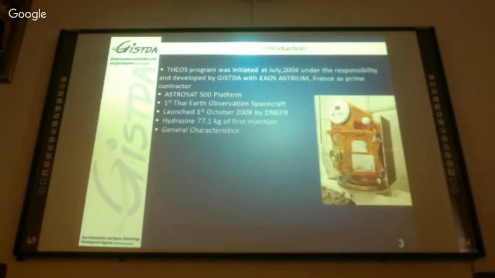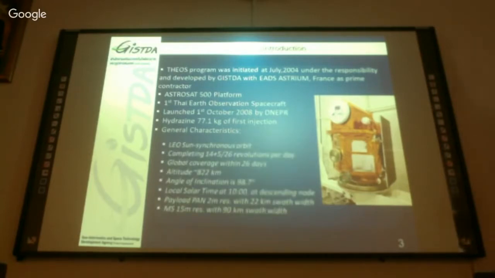This satellite was launched on the 1st of October 2008, and now it's at the end of its life already. But we still operate it. We still use the GIS data to support organizations and institutes in the Thai government.